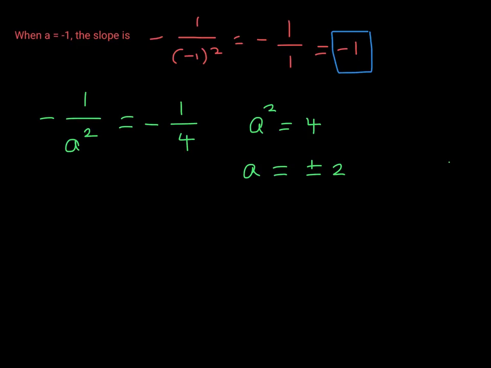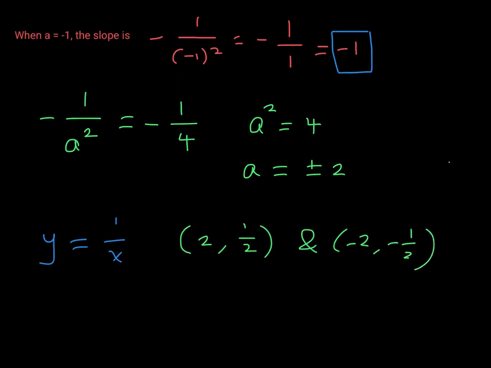Let me write that down really quickly. Recall that this is our curve, right? So that means the 2 points on our curve where the slope is negative 1/4 are positive 2, comma, 1 over 2, and the other point is negative 2, comma, negative 1/2. These are the 2 points on our curve where the slope is negative 1/4.